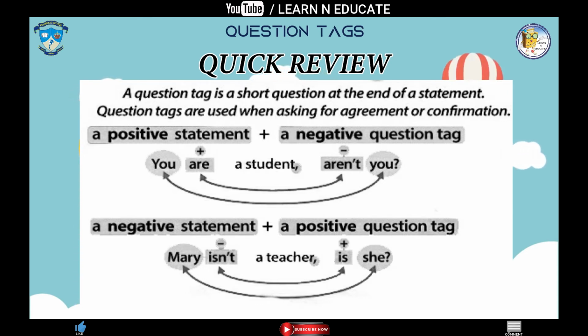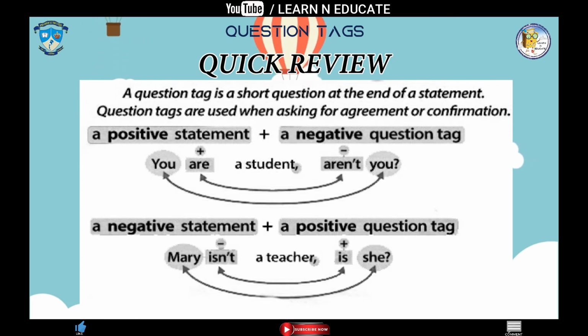So here, you is the subject which changes into a subject pronoun in the question tag. Are, which is a positive auxiliary verb, changes into negative. That means are not or aren't. Now the next type is a negative statement forms a positive question tag.